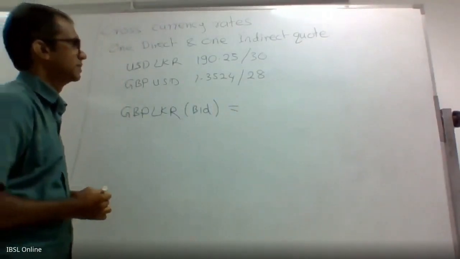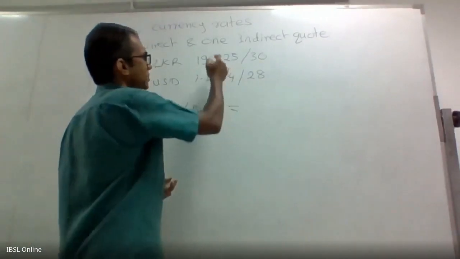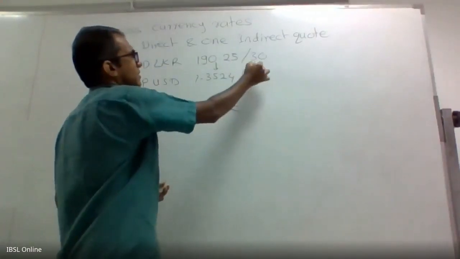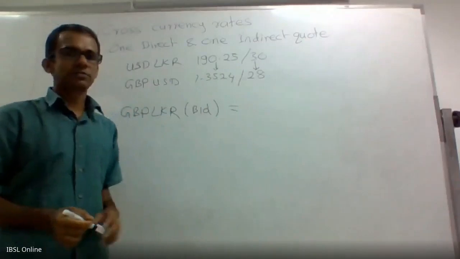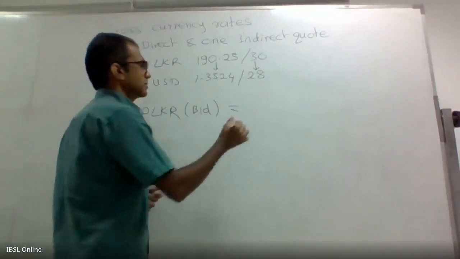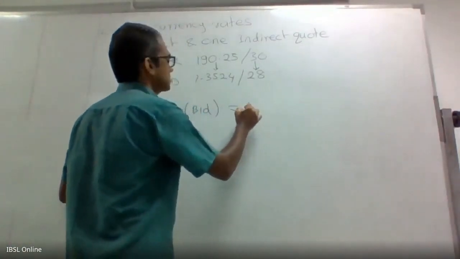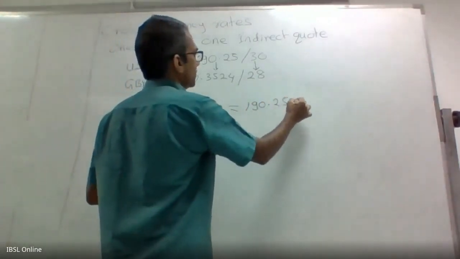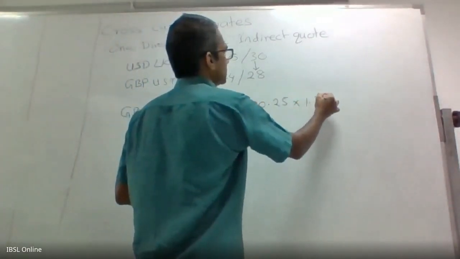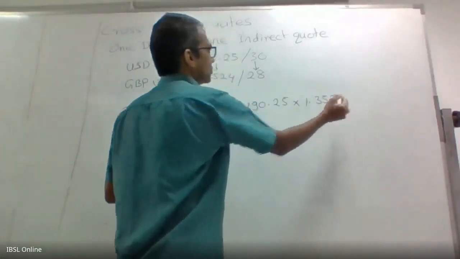It's simple. You just multiply directly. Multiply two bids, multiply two offers. 190.25 into 1.3524.